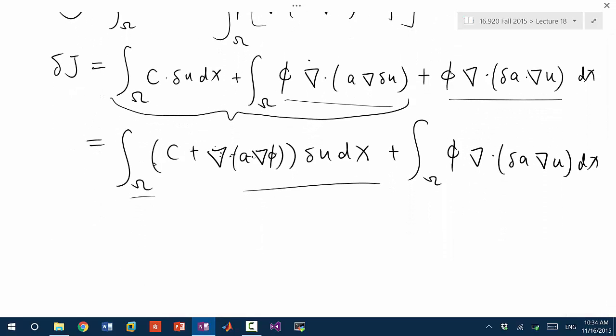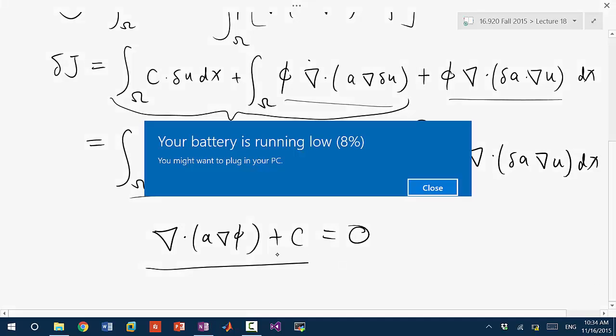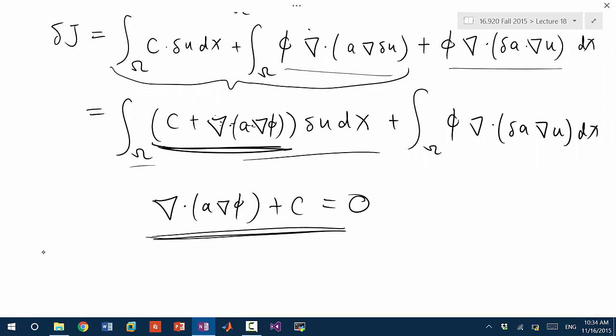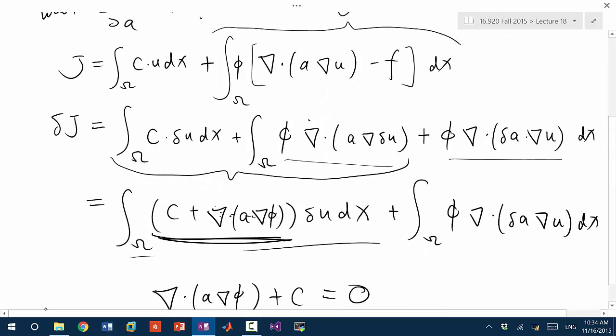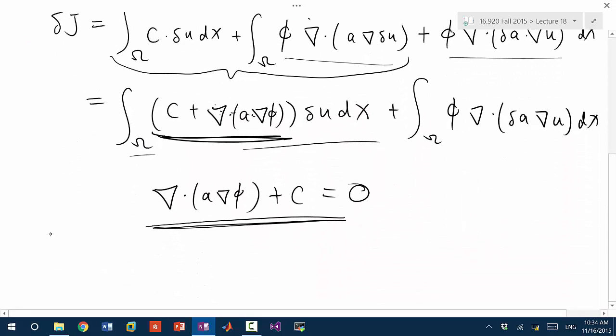And the adjoint equation is setting this to 0. It's setting the divergence of A times grad of phi plus C equal to 0. So this is very similar to the adjoint equation we get in the finite element case, right? The right hand side is going to be this C instead of this F. Once I solve the adjoint equation, I can compute delta J by performing an integration by parts again over here.